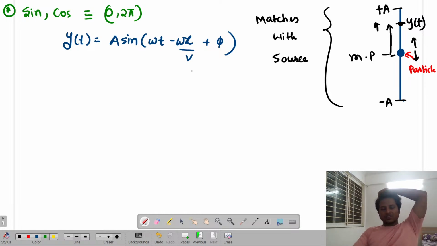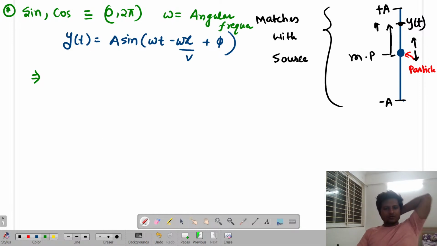So let us talk about this number. Omega is called the angular frequency. But this number omega by v was given a name.